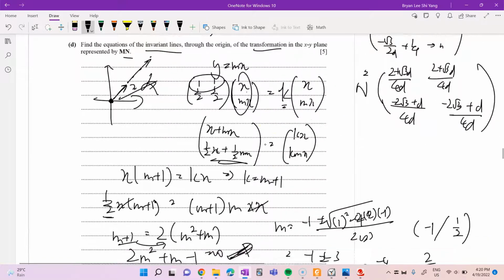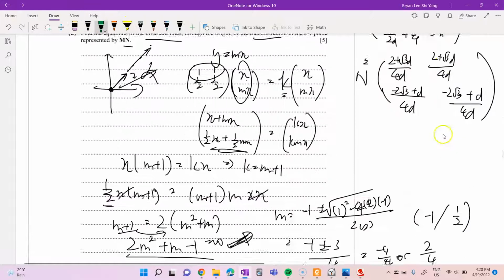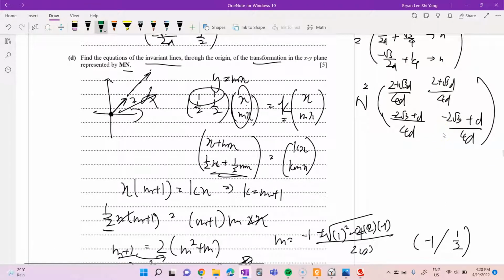I know my working isn't the most tidy one right now, but I'm just basically showing you how I would solve this whole thing.